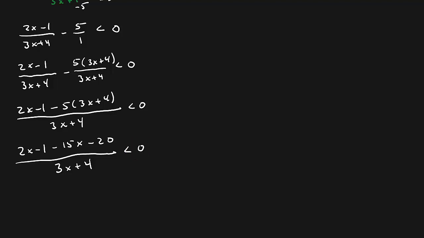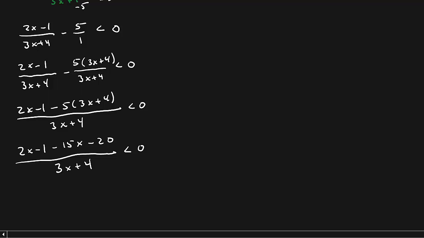And so this is going to give me 2x. 2x minus 15x is negative 13x. Minus 1 minus 20 is minus 21 over 3x plus 4 less than 0. So I set the numerator equal to 0. Negative 13x minus 21 equals 0.